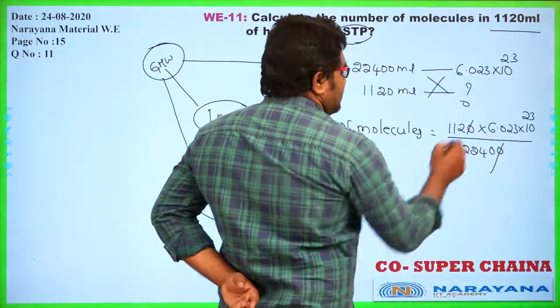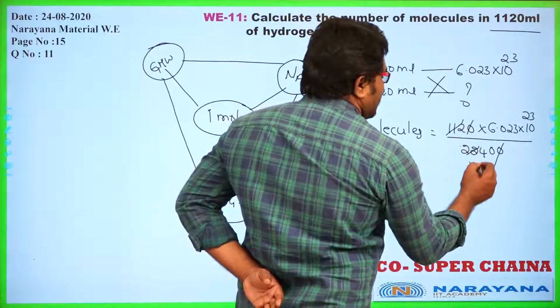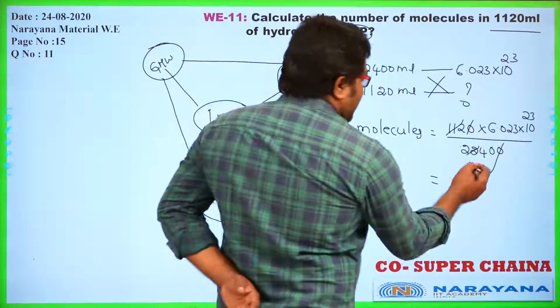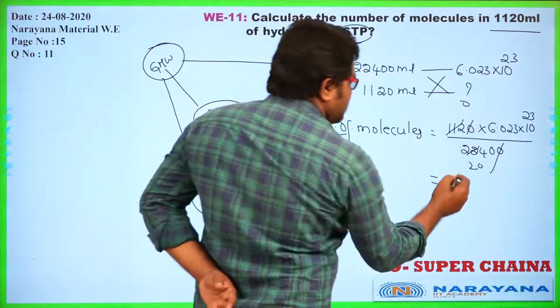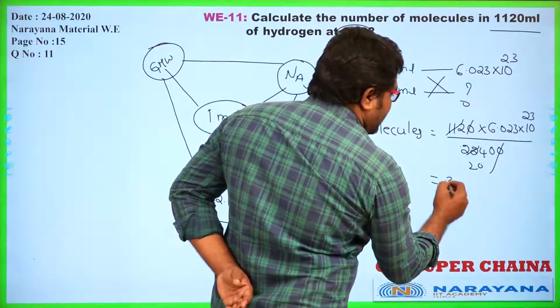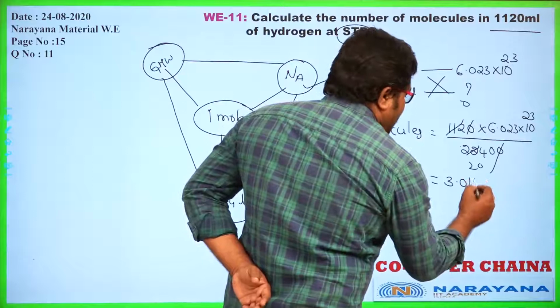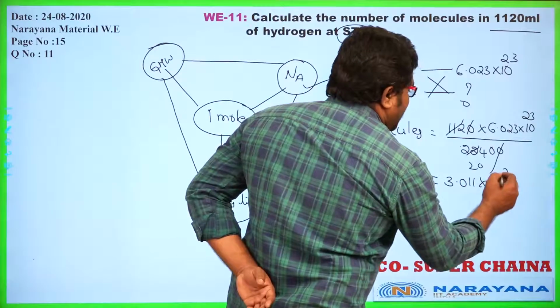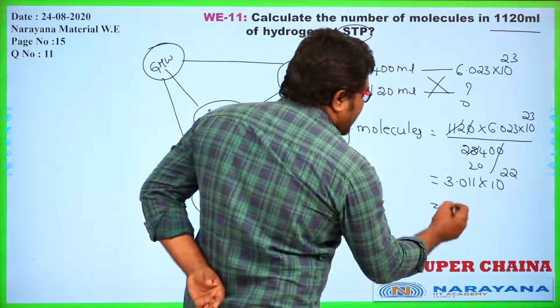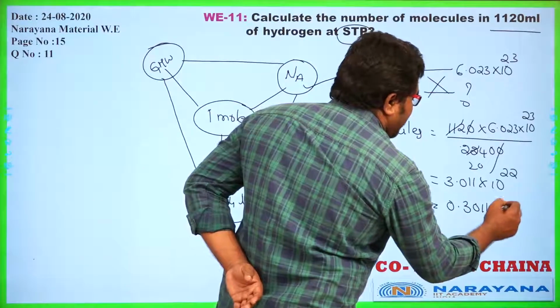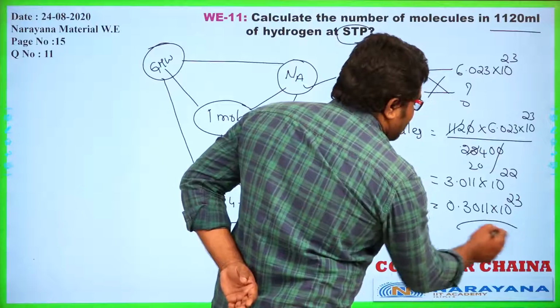Zeros cancel and it comes to 1 by 20 times. So we can write 3.011 into 10 power 22, or otherwise we can write 0.3011 into 10 power 23.